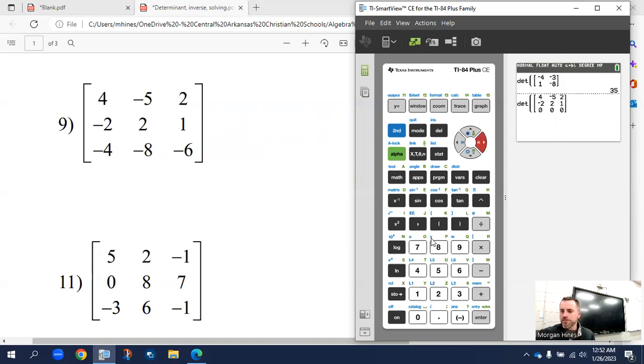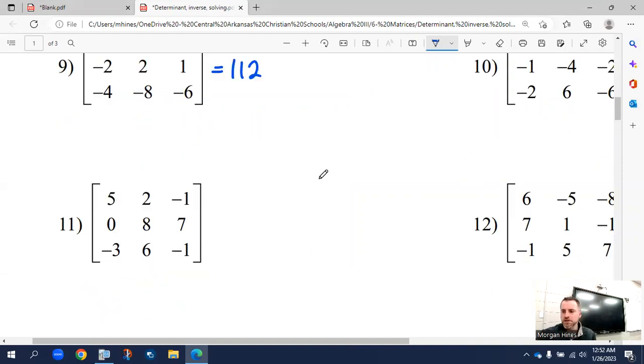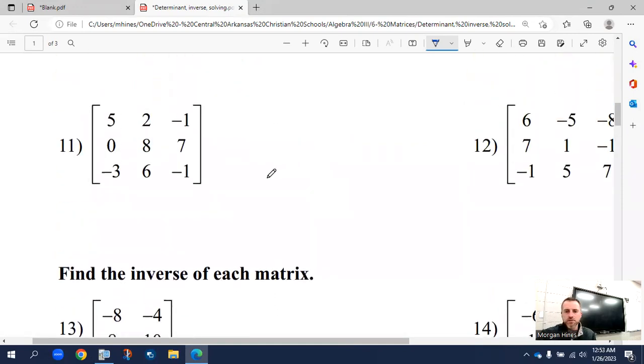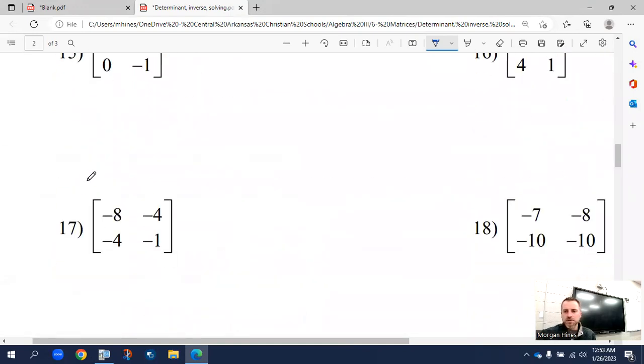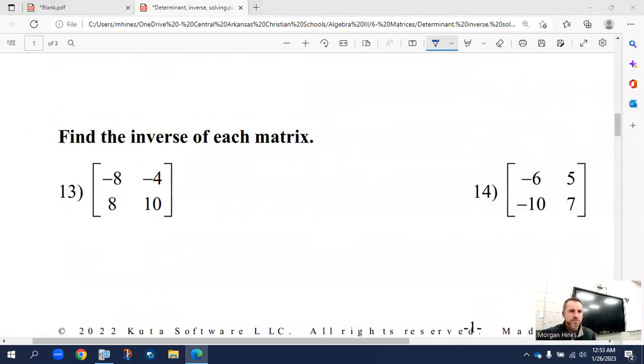Almost there. And boom, the determinant of this one is 112. So that's the determinant piece. You may go ahead and do all of those, and then we'll jump into finding the inverse of these matrices in just a moment.